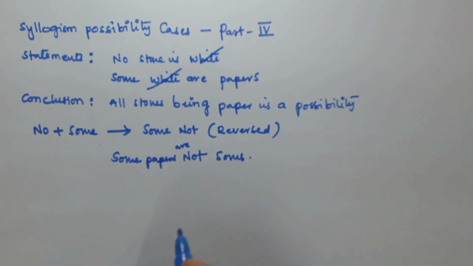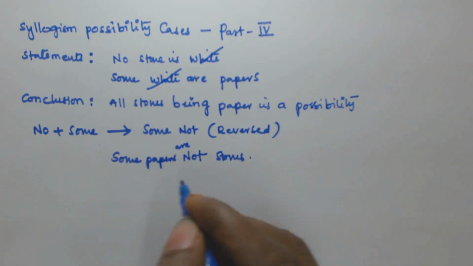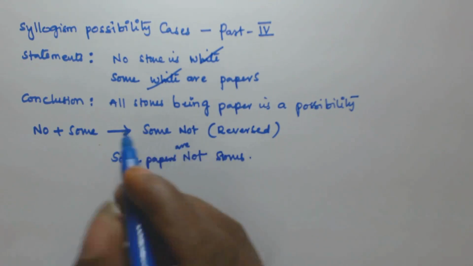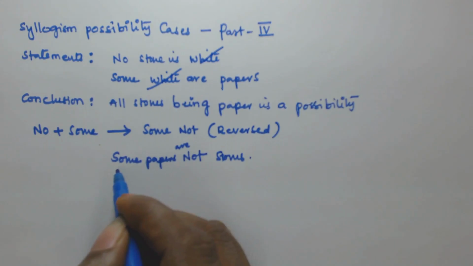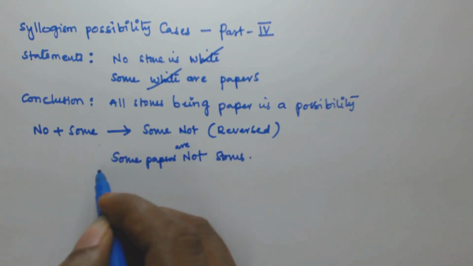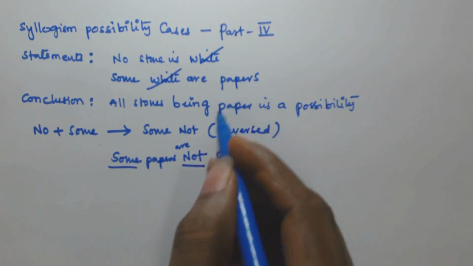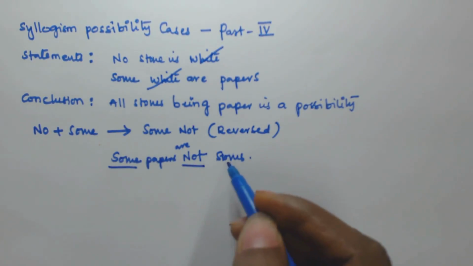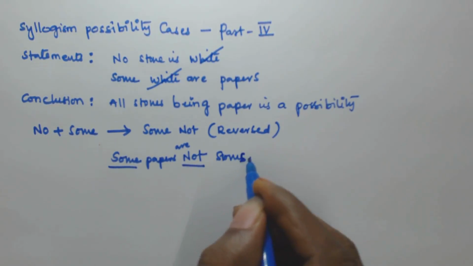So generally we should get stone here and paper here, but according to the no plus some rule, the conclusion contains some and not, and the predicate becomes the subject and the subject becomes the predicate. So what we got is: some papers are not stones.